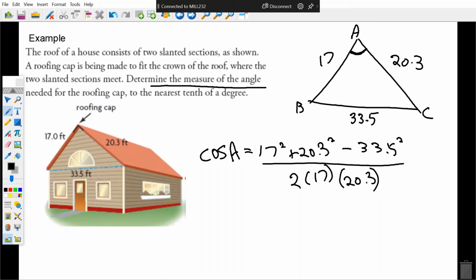Okay. So we start to calculate this. 17 squared is 289. You just did a number of these on your Chapter 3 tests, so I'll just push through the opening part.